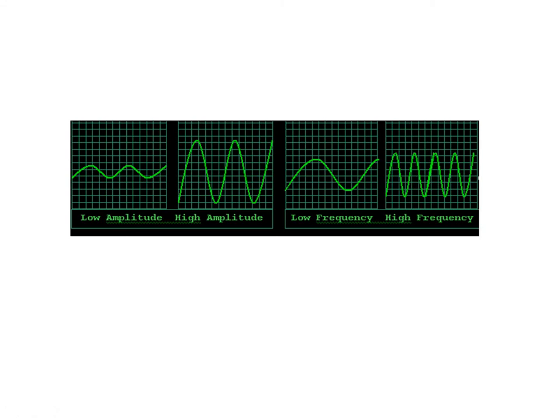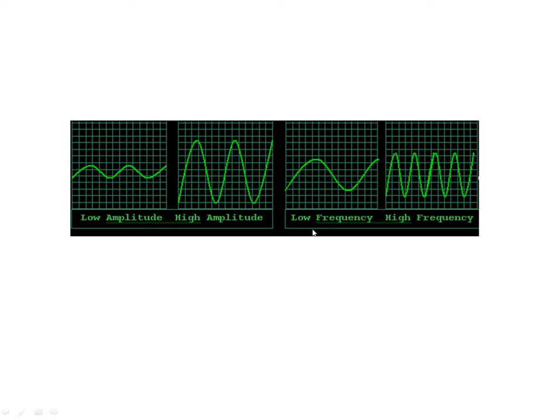So now, if we look at some oscilloscope traces, if it has a low amplitude, so the height of the wave is very low, that would mean it's a really quiet sound. If you have a high amplitude, so the height of the wave is really high, that would mean you have a really loud sound.